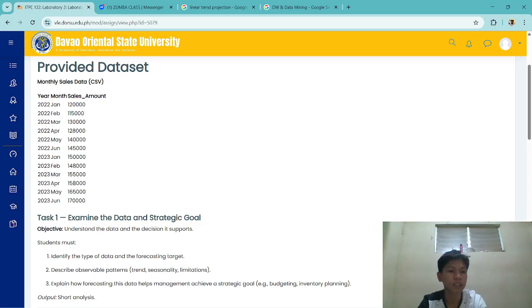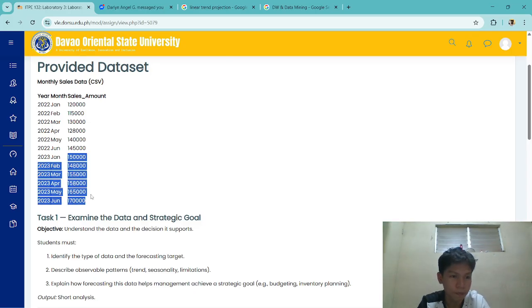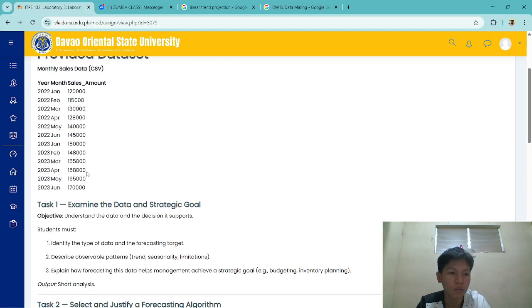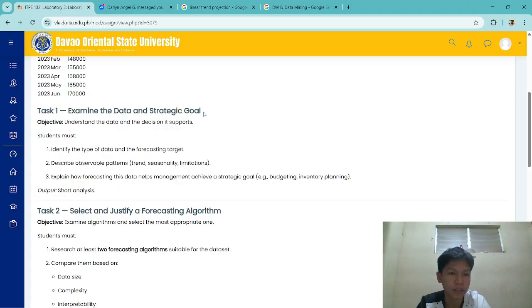Then I guess it will increase continuously, depending on the market situation. So our task is to examine the data and the strategic goal. We'll divide the type of data and the data forecasting target.